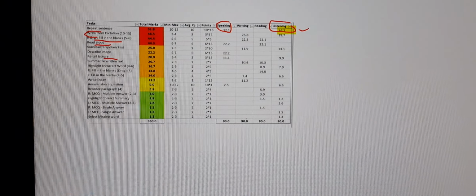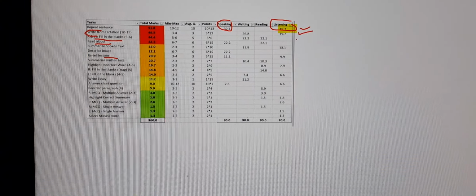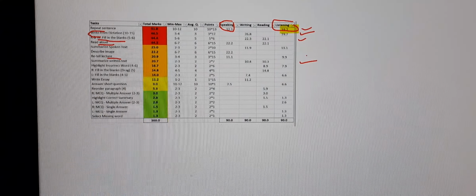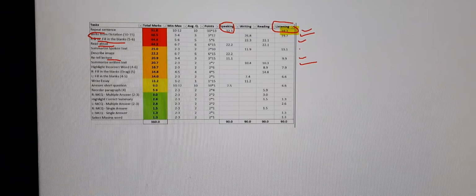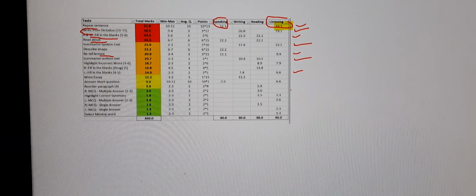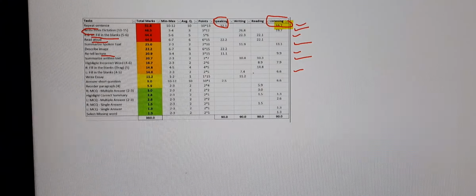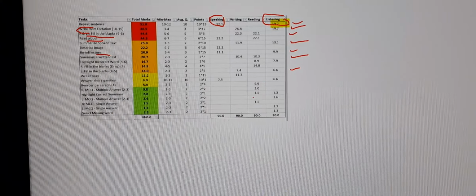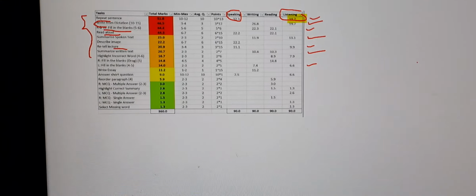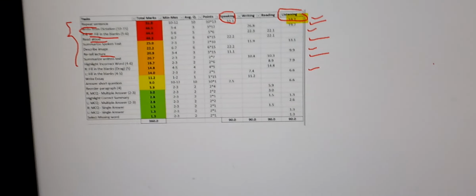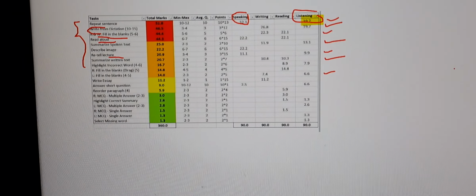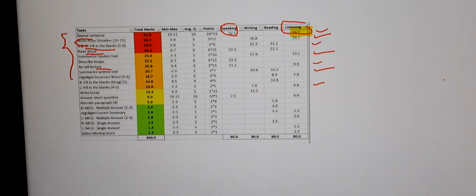For example, repeat sentence, write from dictation, fill in the blanks, summarize written text, retell lecture, summarize spoken text, and fill in the blanks again, and all these are like small marks. So leaving all this for now, the sections which I have highlighted are the important ones, and you definitely need to avoid making mistakes in them.